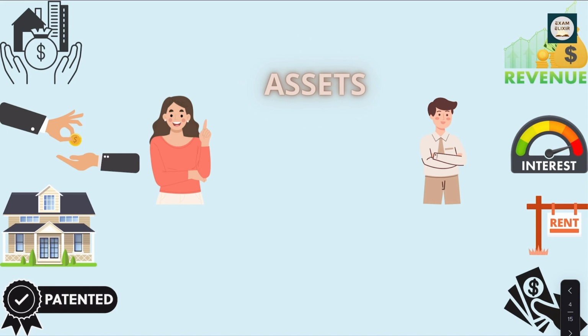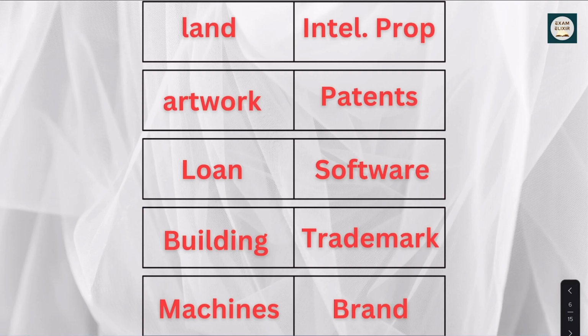Now, after having understood what are assets, I'll try to give you some more examples of what are tangible and intangible assets. I have made it clear what is the difference. Now, let us see some examples. Land, obviously, it is a tangible asset. Artwork, let's say there is M.F. Hussein's art. Now, how artwork can be an asset?